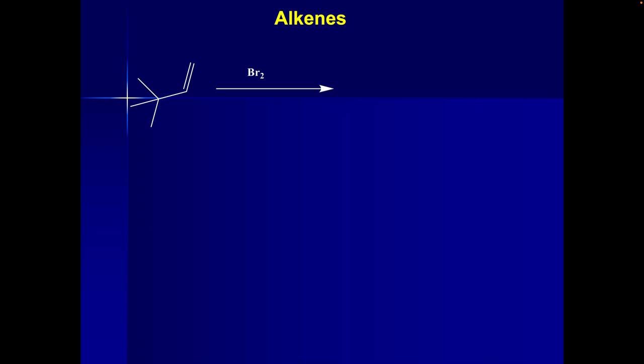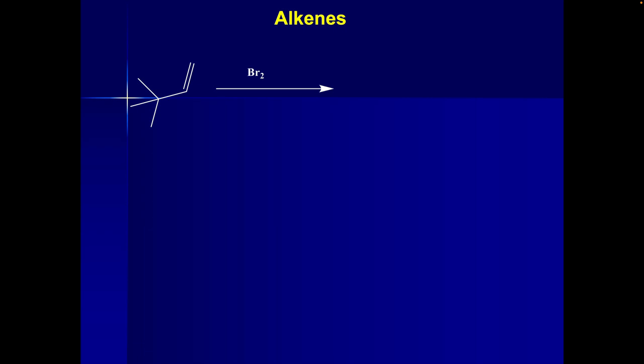How would we name that? We'd start by finding the parent chain. What's the parent chain? How many carbons are in the longest chain? There are 4. 1, 2, 3, 4, right? So we'd circle that. So what's the parent?